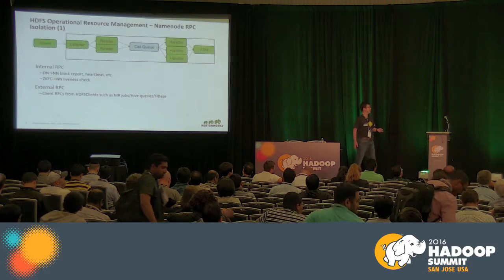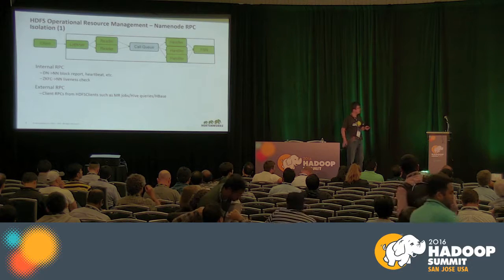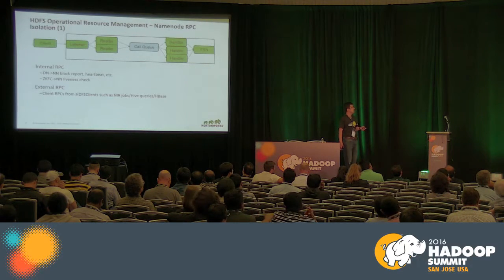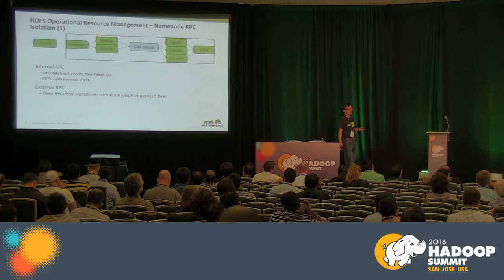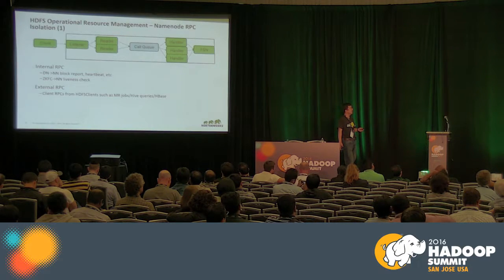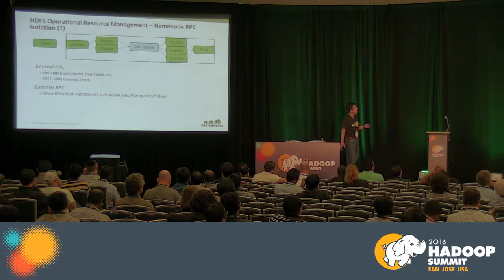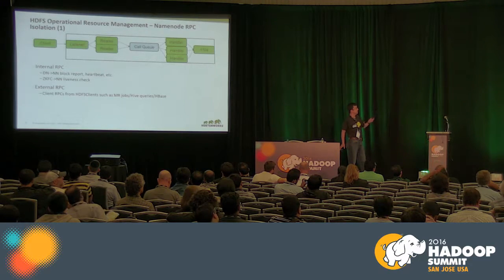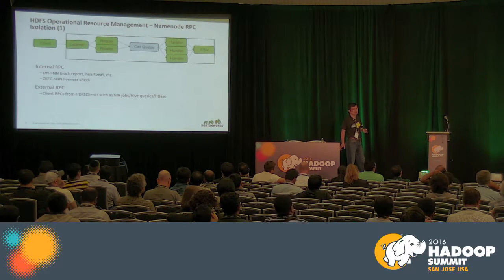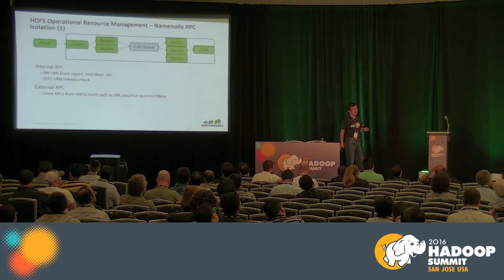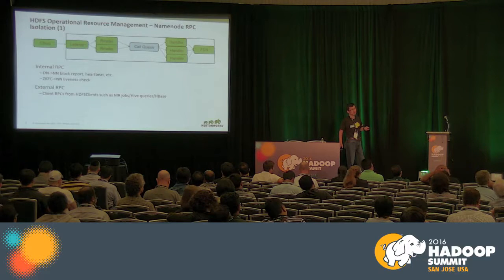And on the name node side, the resource management is more about runtime resource management. Here we look at the typical name node implementation. So there's an HDFS client running as an RPC client, talking to the name node. And on the name node side, usually there's a listener thread accepting the client request.